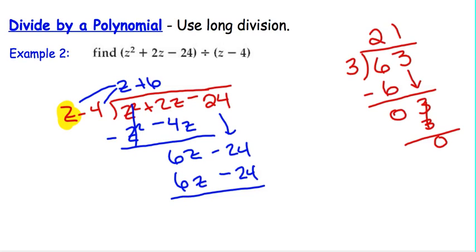So I'm going to subtract these. 6z minus 6z cancels. Negative 24 minus negative 24, that cancels. I'm left with nothing. So my answer is going to be z plus 6. So when I take z squared plus 2z minus 24, divide that by z minus 4, my answer is z plus 6.